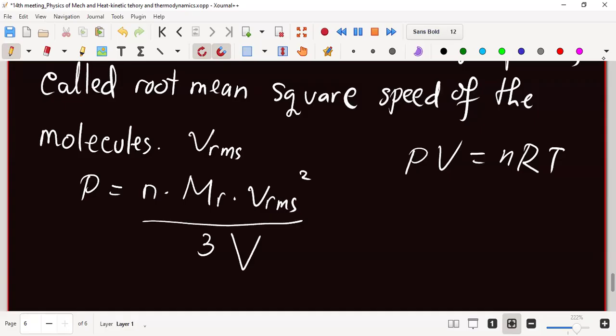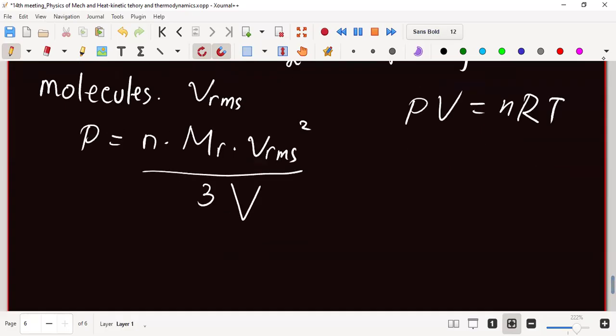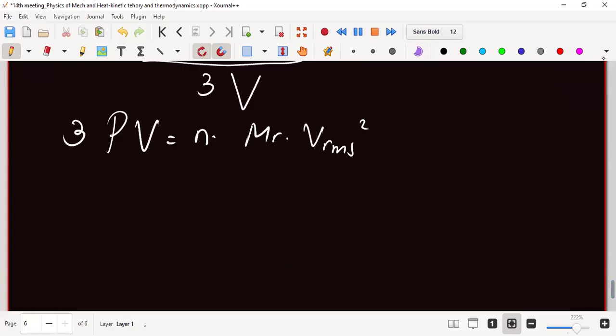We change PV to nRT, so here 3 nRT equals n molar mass VRMS square.